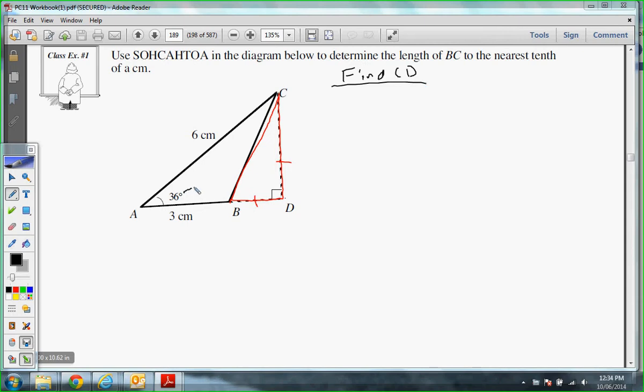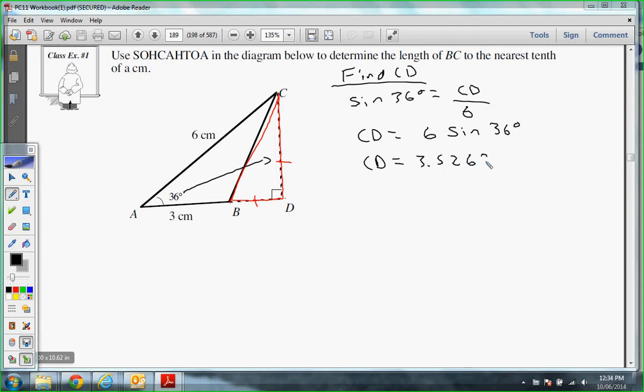So I can do sine 36 equals the missing side, CD, over the hypotenuse of 6. Opposite over hypotenuse. Then we multiply the 6 over. So CD equals 6 sine 36. And when you calculate that, CD comes out to be 3.5267.